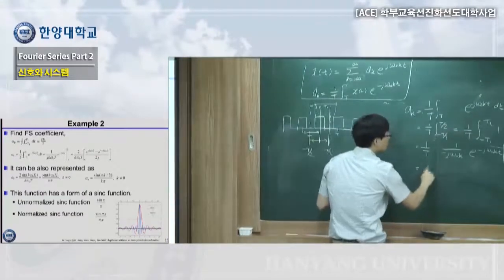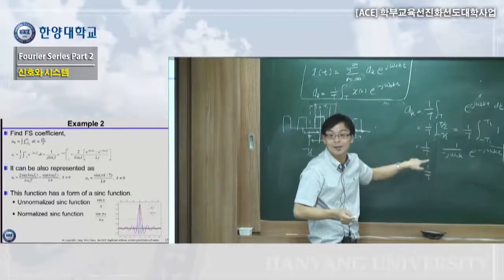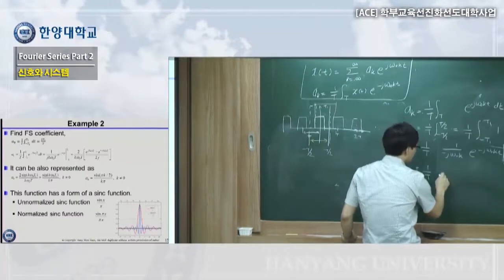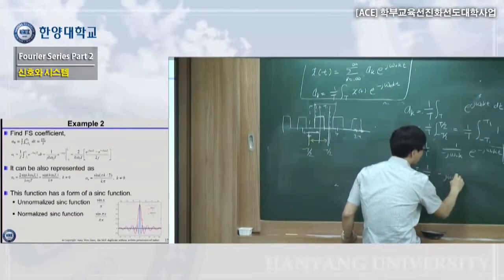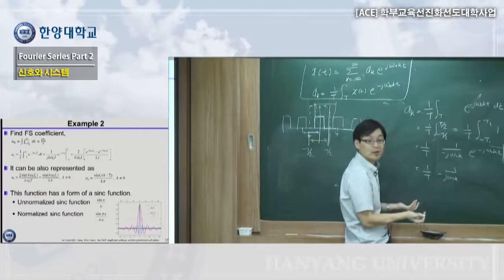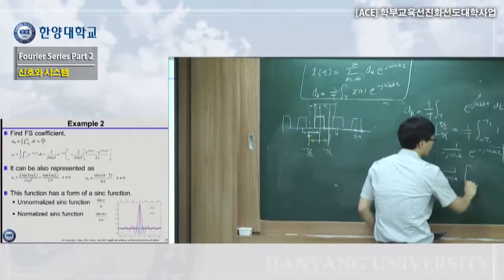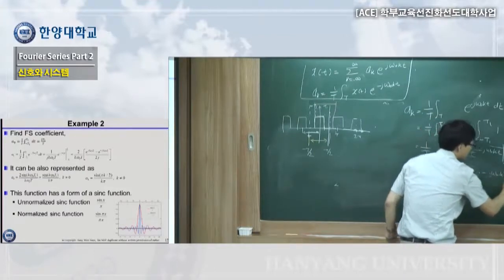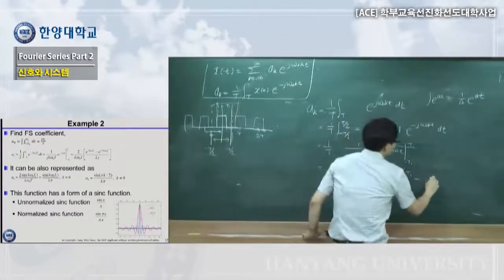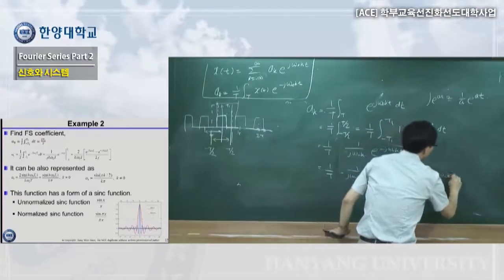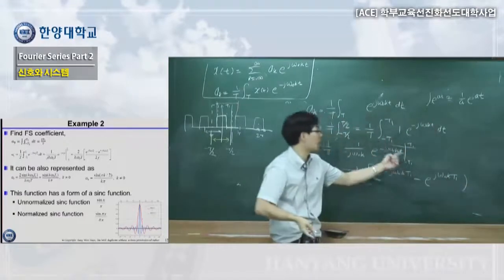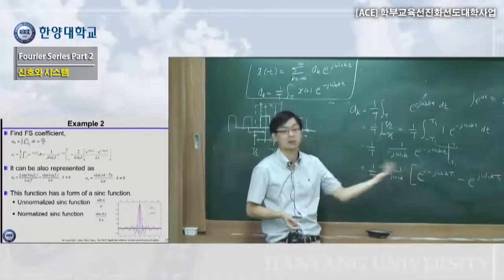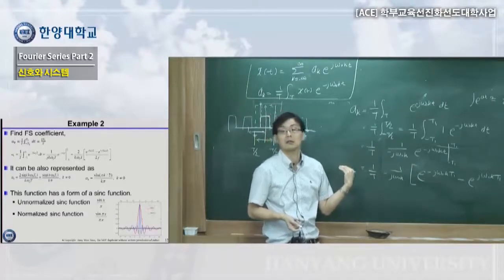This one becomes 1 over T, because T is the period. We have 1 over minus j omega 0 k, which is considered a constant here, and then we have exponential minus j omega 0 k T1 minus exponential j omega 0 k T1, because now we put in minus T1, so minus becomes plus. So they will have a form like this. Make sense?